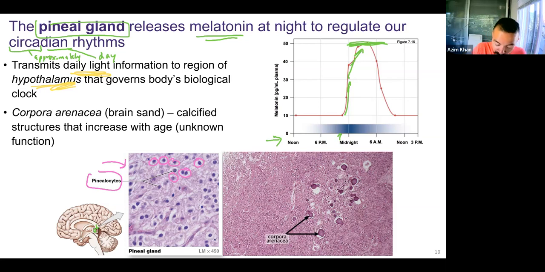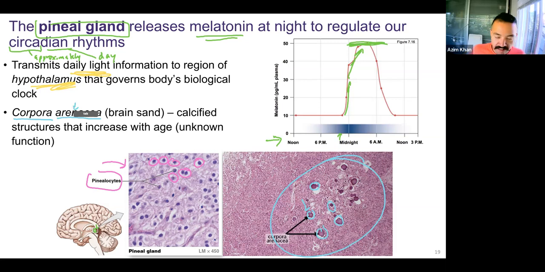Funnily enough, though, there are some things in the pineal gland that we get more of as we age typically, and they're not cells. These things are minerals. These things here are minerals. They're called corpora arenacea.